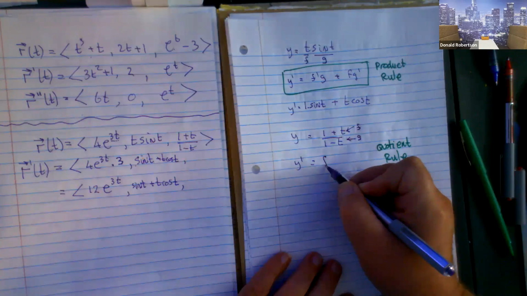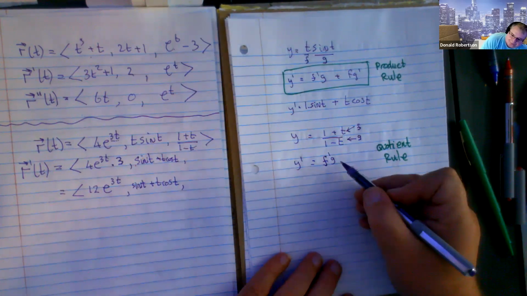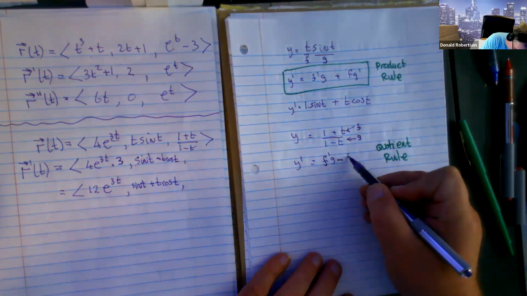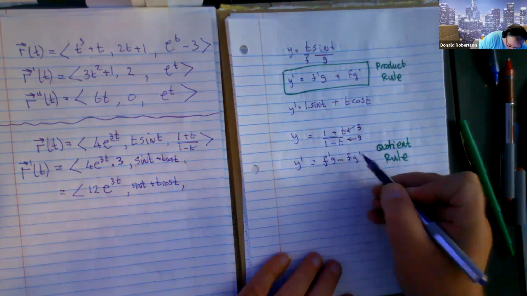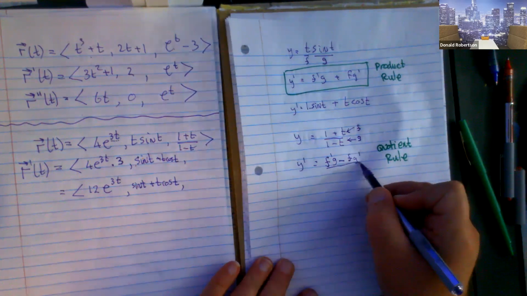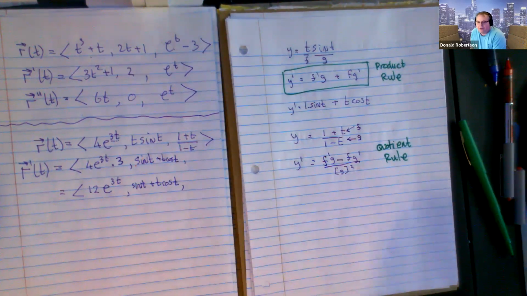I'll start at f dash g. Take away f of g dash. Do you know it looks just like the top, doesn't it? With a subtraction. The big difference is you then divide by whatever g is squared.